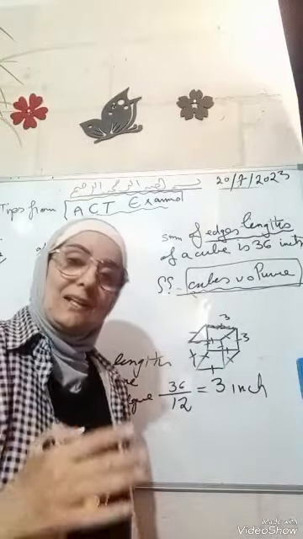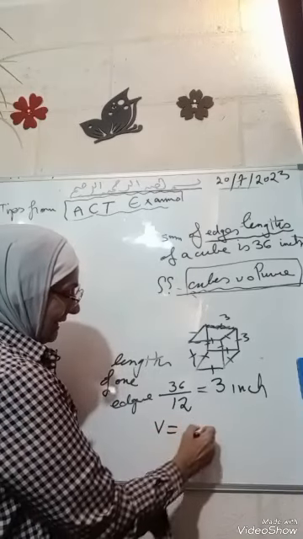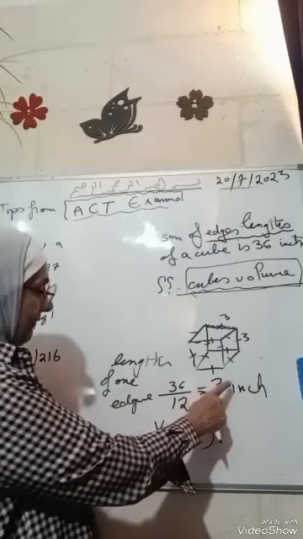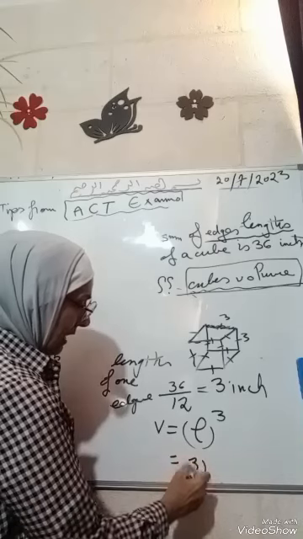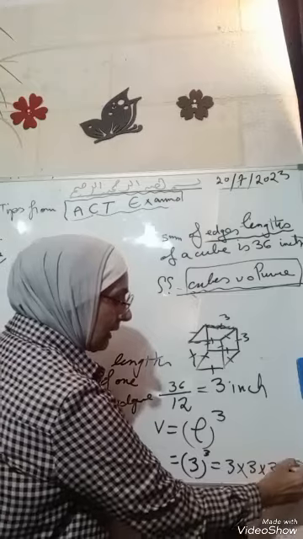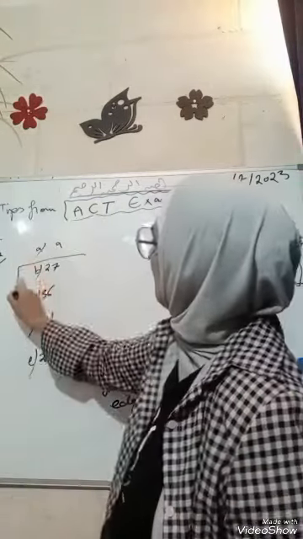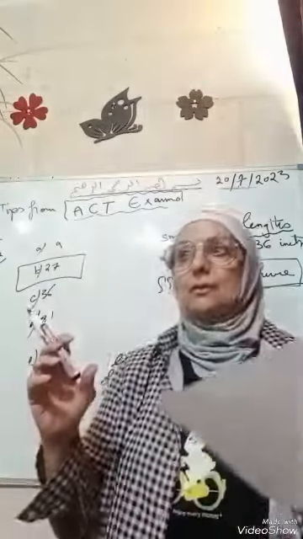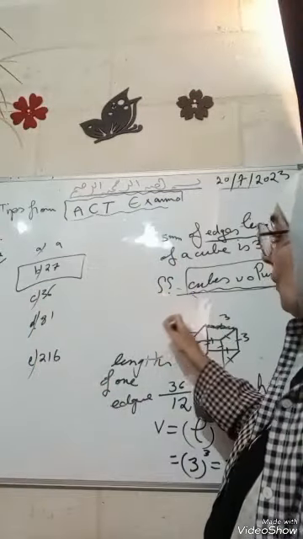So I need the volume rule: the volume of the cube is the length cubed. I need the length from the previous step, which is 3 inches, so 3 cubed, which is 3 times 3 times 3 equals 27 cubic inches, which is this answer. To solve every problem, we need to draw. Why?